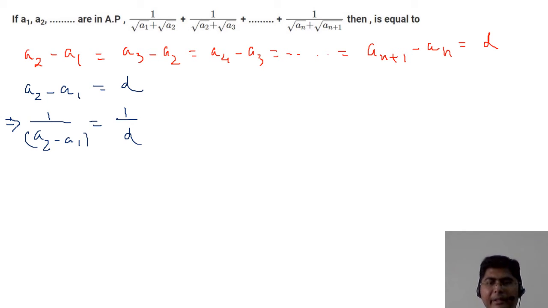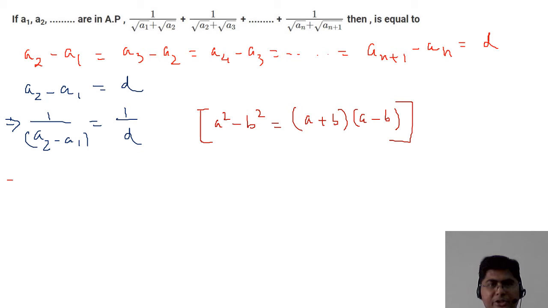Now here is the formula we all know: a square minus b square is equal to how much? (a plus b) into (a minus b). So can I say root a2 whole square minus root a1 whole square is 1 by d?